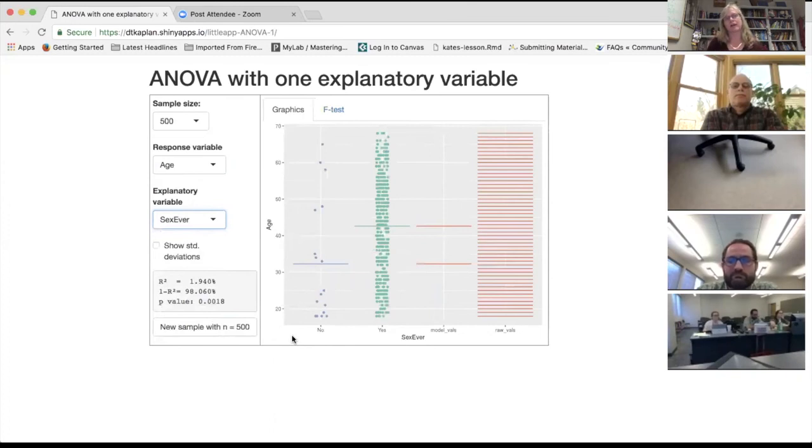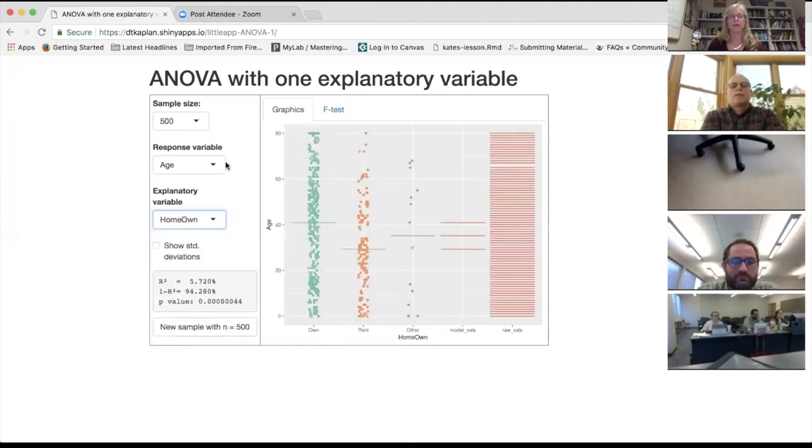I like to talk in my classes always about what story the graph tells you. Can they look at these graphs and tell a story about this information? So I might have them pick one of these many explanatory variables and then pick one of the response variables and see if they can tell a story about it.